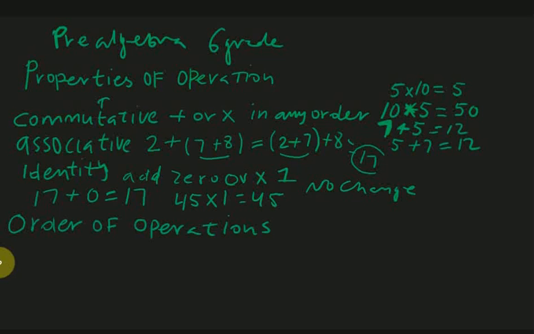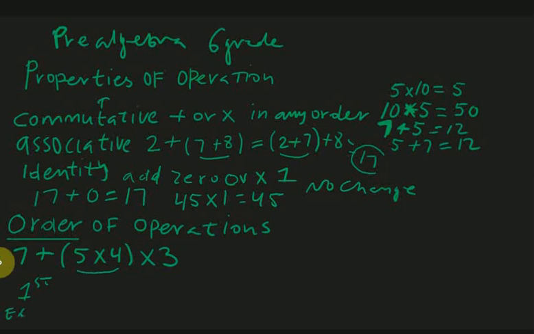Okay, what is the order of operations? We saw properties, and now we are looking at order of operations. Let's say you have 7 plus 5 times 4 times 3. In the order of operations, first we work inside the parentheses. Second we do the exponent.